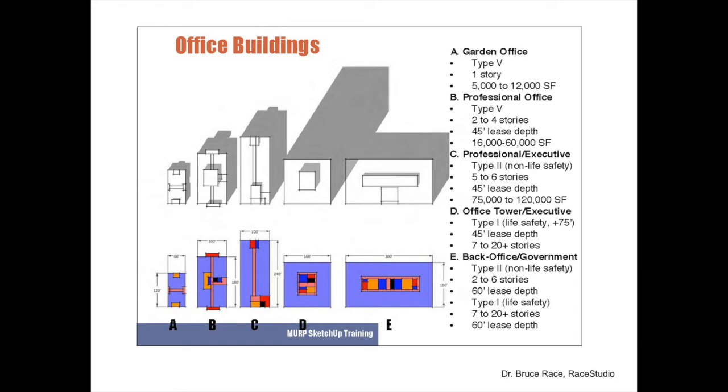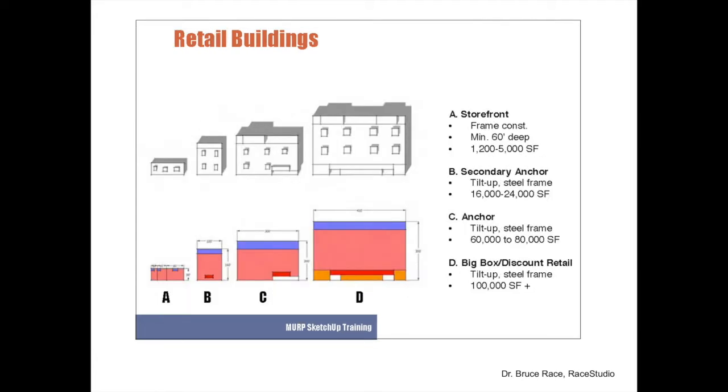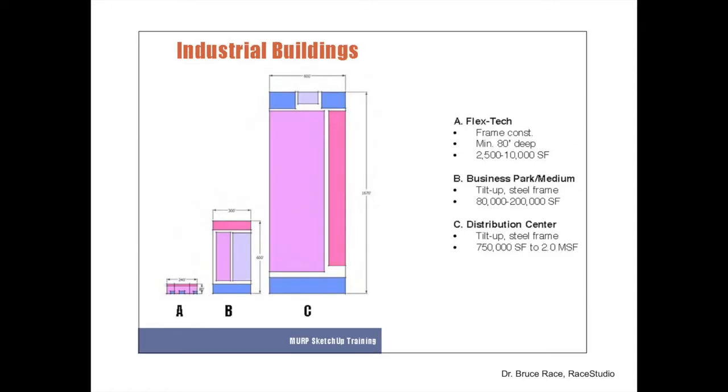Office buildings typically have a core, or they may have a double loaded corridor, common core of services, plumbing, elevators and stairs. Retail buildings typically have a front entrance and a back entrance. The back for service, storage, and waste. The front for control points for checkout and guest services.